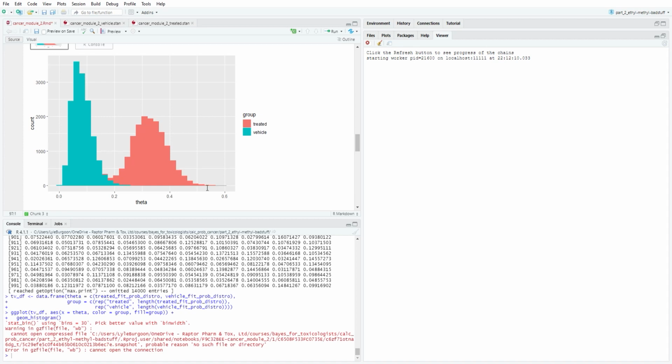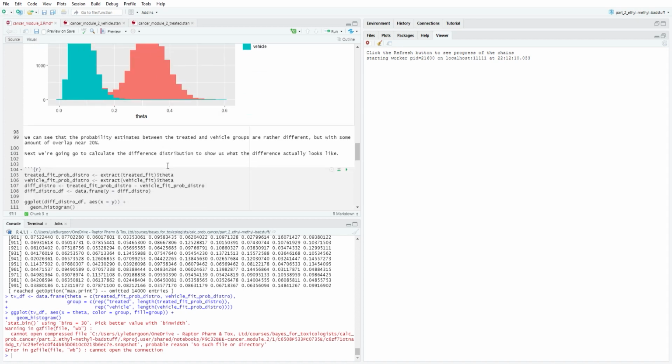And over here is treated. So the mean or the median of treated is clearly out here past 30%. The mean or the median here is about 8%, right? So we can see, yeah, these aren't exactly overlapping distributions. They don't exactly look the same. They're probably not the same, right?